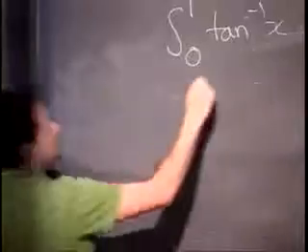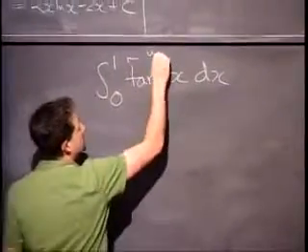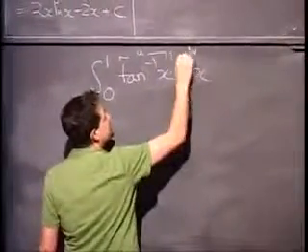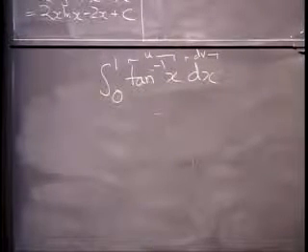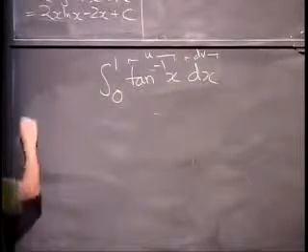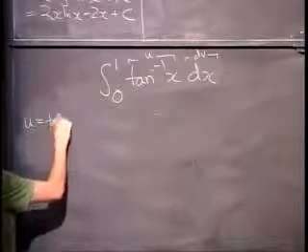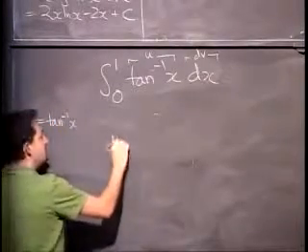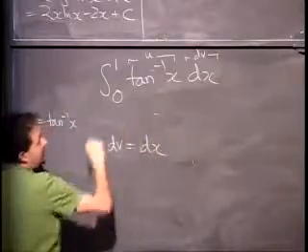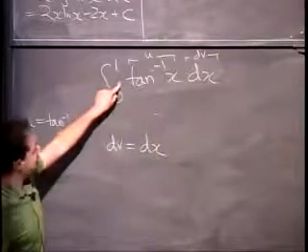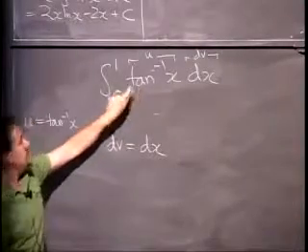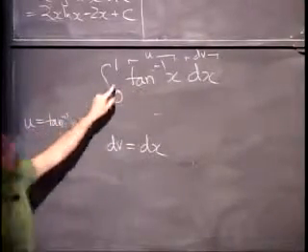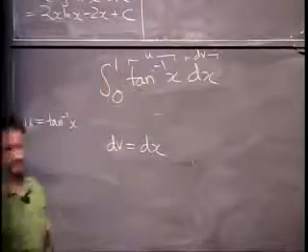So look, I have here u, and I have here dv. It's the same tactic, even though it's not a product. I want the u to be the inverse tan. So watch this. u is inverse tan x, dv is dx. By the way, if the problem was x inverse tan x dx, I would still let u be the inverse tan, and I'd let the dv be the x dx.